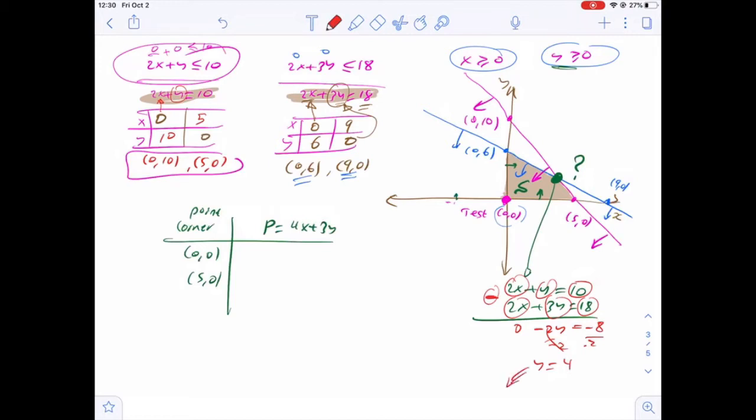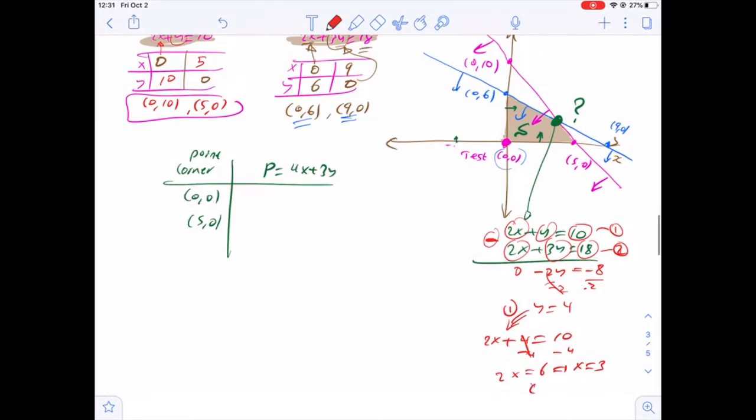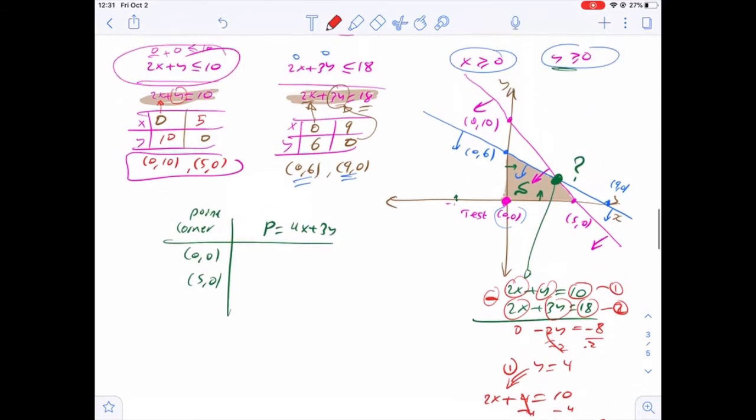So once we find y, we can plug into either of the two equations to find x. So let's plug into the first equation. So we have 2x plus y, which is 4, equals 10. Subtract 4, you get 2x equals 6. That means x equals 3. So the point is (3, 4), x first and then y. So this point here is (3, 4).